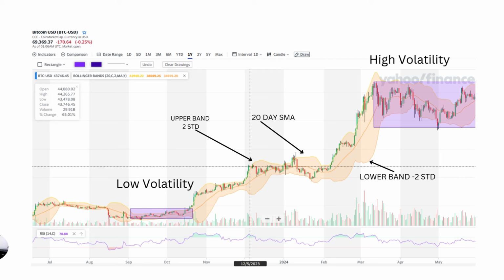And the 20-day SMA is the simple moving average for the last 20 days of price action for this coin, a cryptocurrency, Bitcoin. So below that, you have the lower band, which is two standard deviations below the 20-day average.